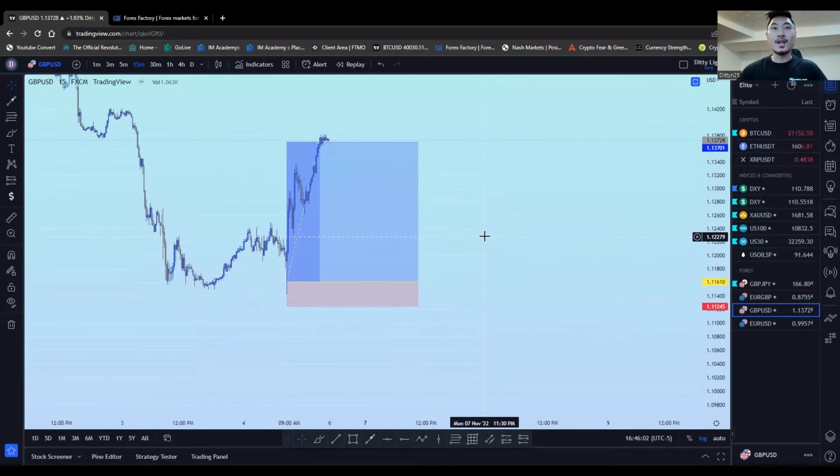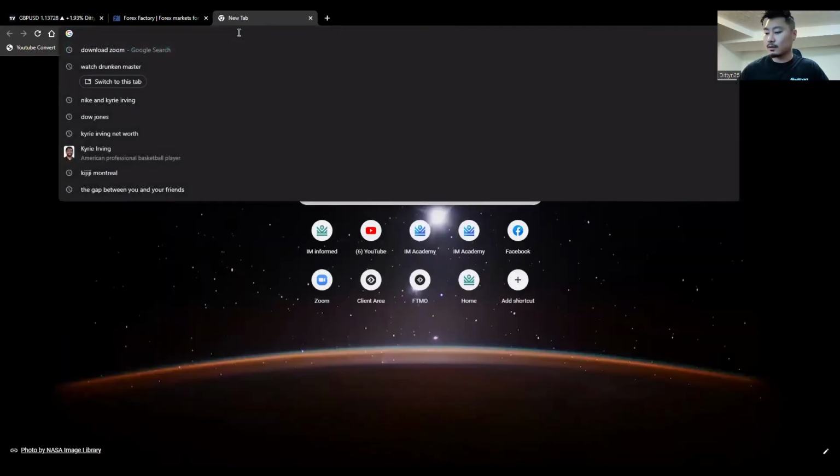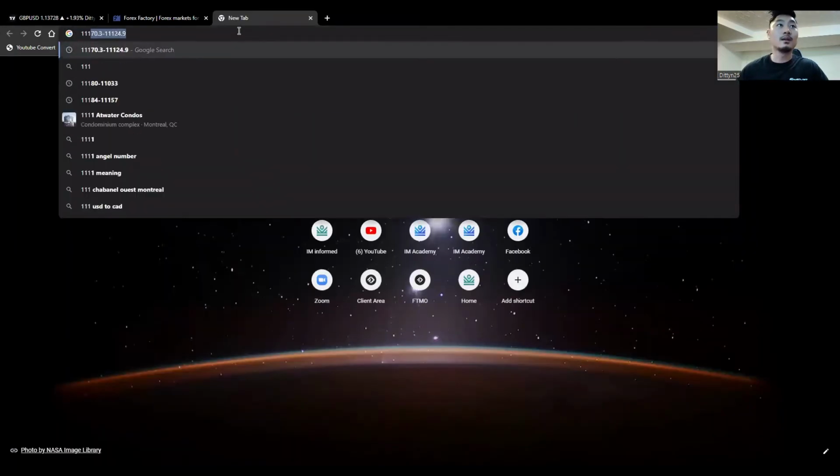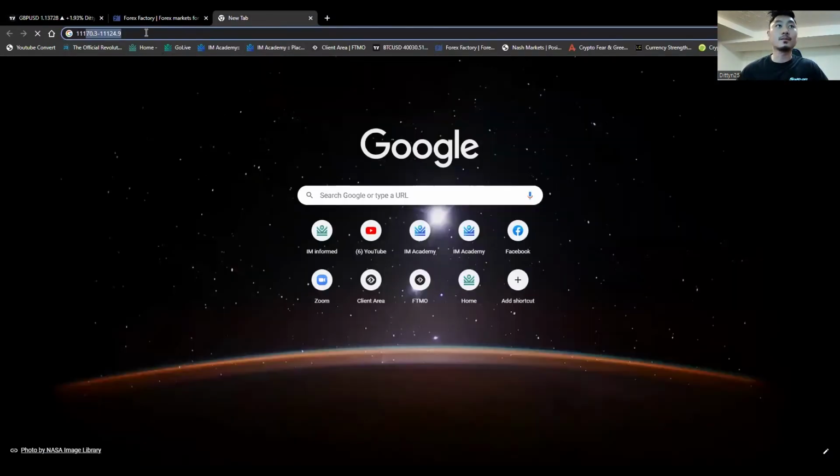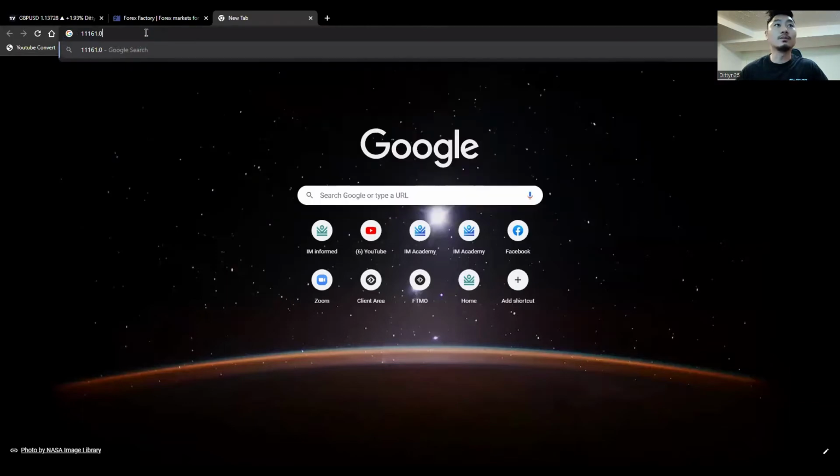So what we said about GBP USD, the pip count is the fourth decimal. So what I do is I put the point here, I take this point and I move it to the fourth decimal. So it would be 111.60, at 111, 61.0.